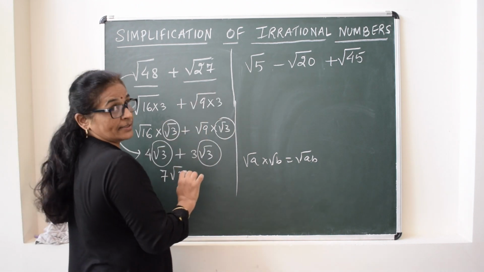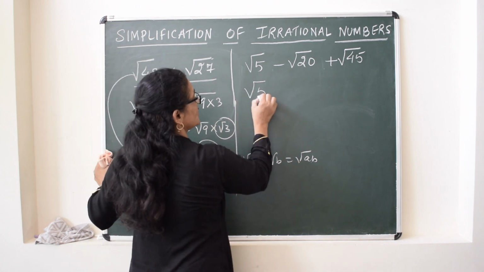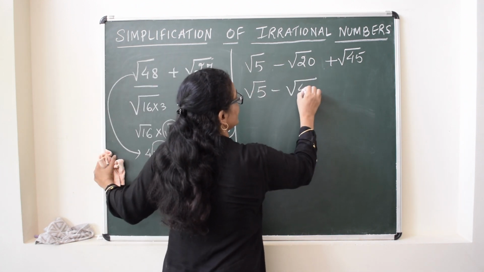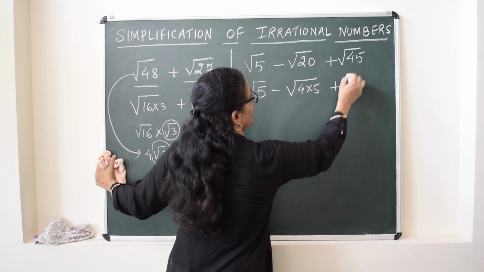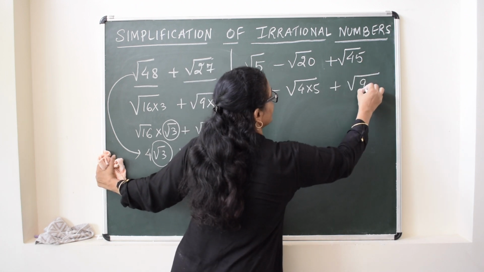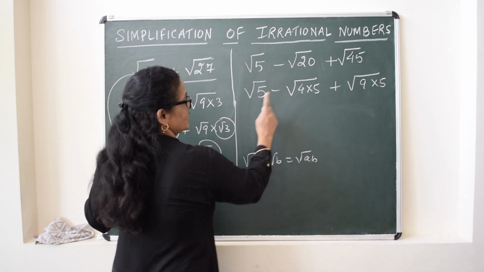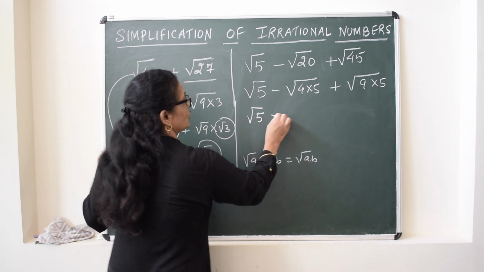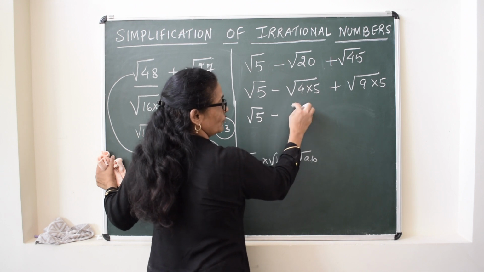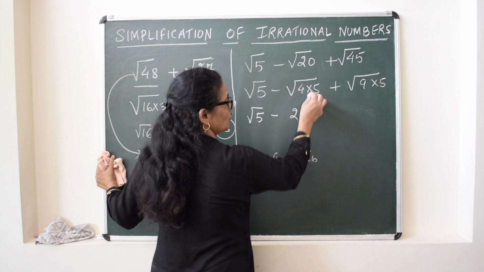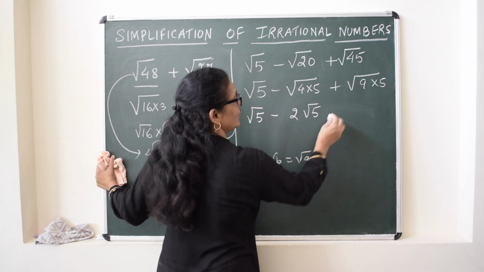So we will rewrite it. 20 is 4 fives, and this we will change as 9 into 5. Now this 20 is changed into root 4, we can directly write as 2, and inside the radical will be root 5.